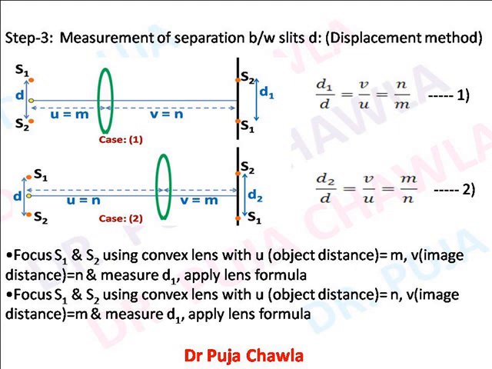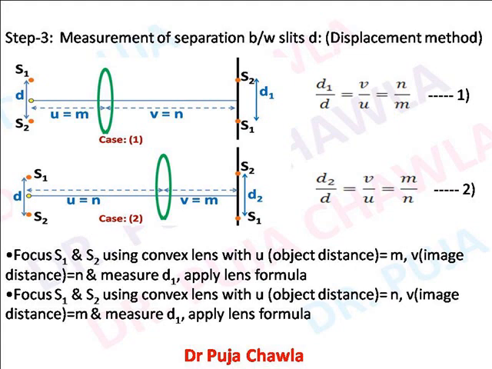Now case number 2. Displace the convex lens such that the distance of the convex lens from the object is small n and the distance of the lens from the image is small m. The height of the object is small d and the height of the image is d2.